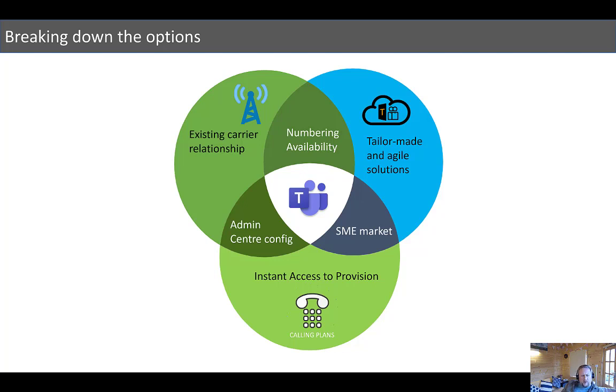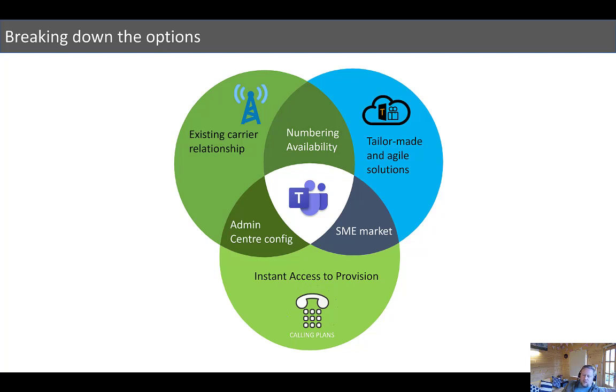And so both calling plans and direct routing, therefore, seem to tailor more to the SME market because they're dealing with generally anything from 1, 2 seats all the way up to maybe 500, 1,000 seats. And direct routing also obviously has a number of other advantages.